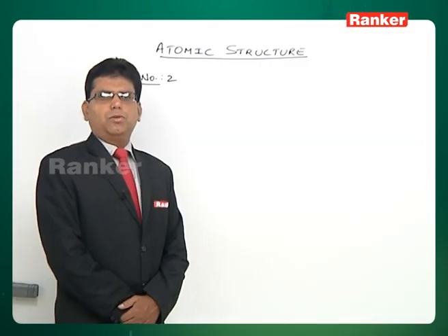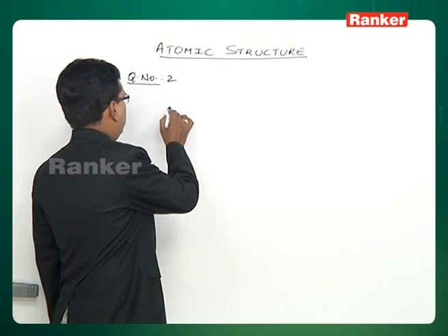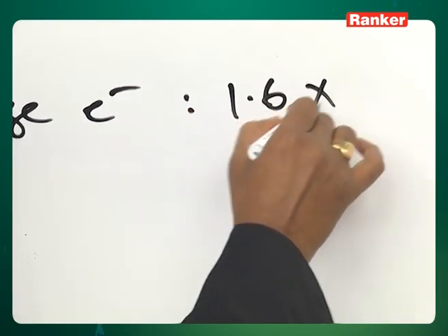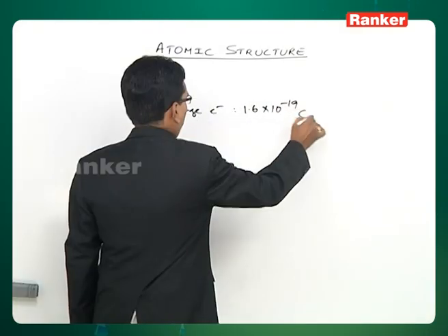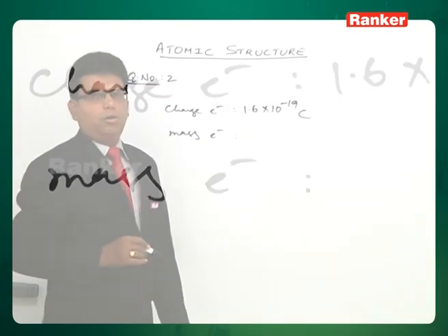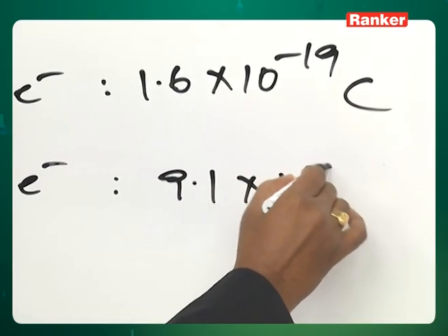Question number 2 says: charge to mass ratio of the electron is. The electron is a negatively charged particle revolving around the nucleus. The charge of the electron is 1.6 into 10 power minus 19 coulombs, and the mass of the electron is about 9.1 into 10 power minus 31 kg.